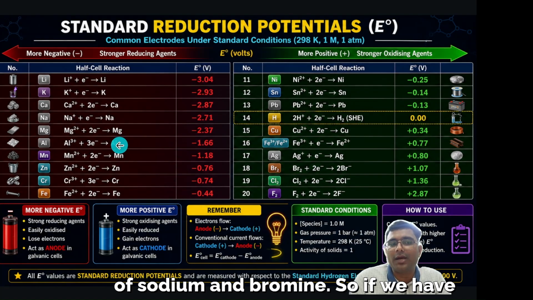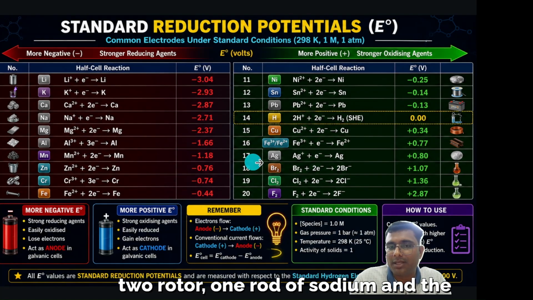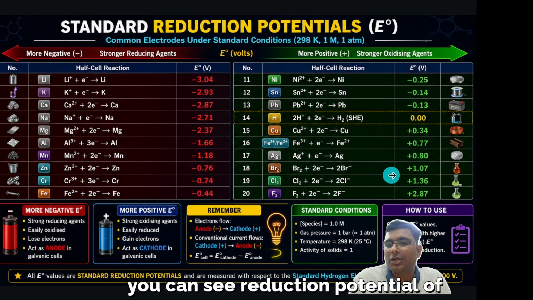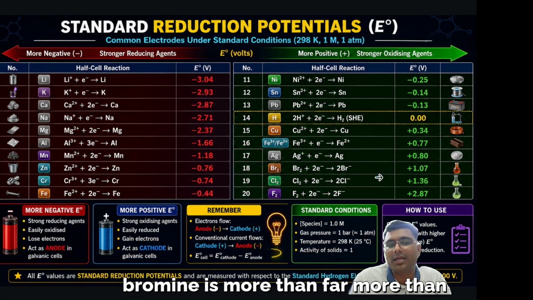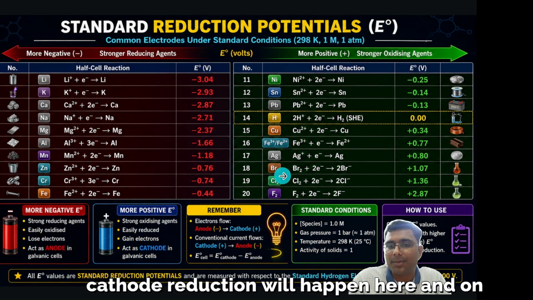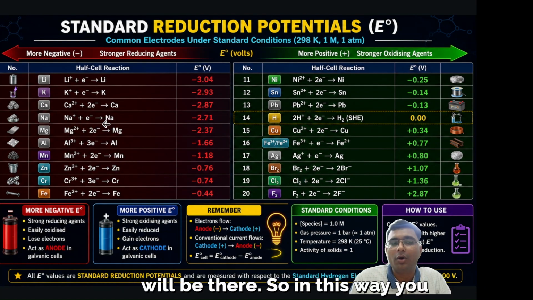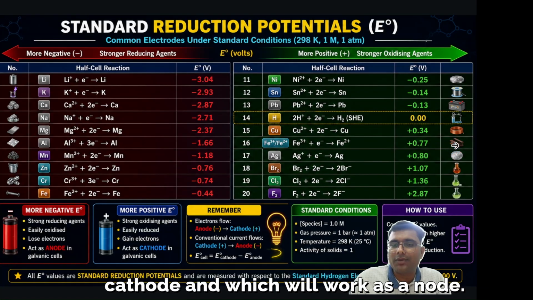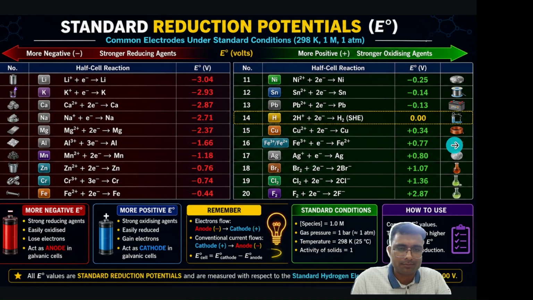If we have one rod of sodium and the other rod of bromine, you can see the reduction potential of bromine is far more than sodium. So obviously bromine will work as the cathode. Reduction will happen here, and on the other side oxidation will occur. In this way you can easily compare which will work as cathode and which as anode.